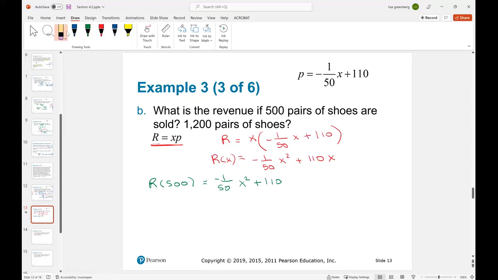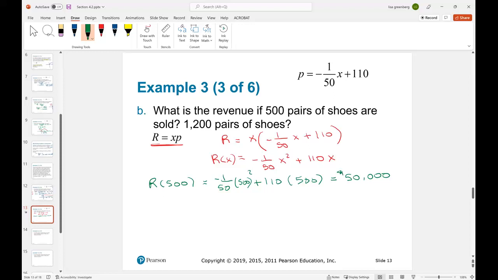Sorry, we already know what X is, so we plug that in. So negative 1 over 50 times 500 squared plus 110 times 500. And obviously, when I get out my calculator and I do all the calculations, the answer here is $50,000. So that's my revenue.